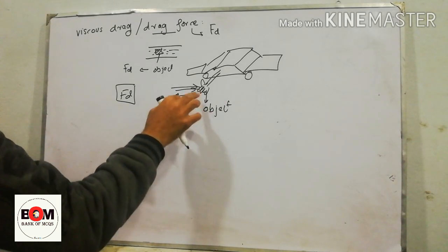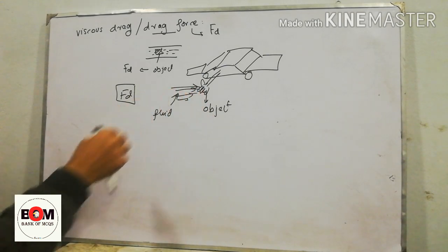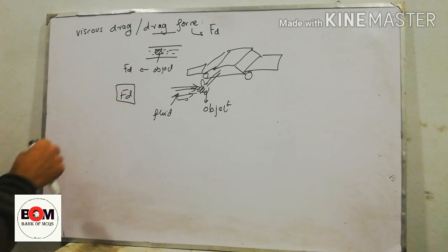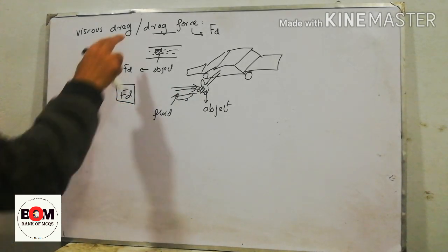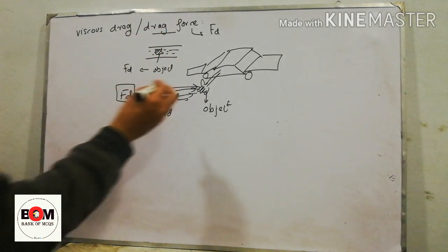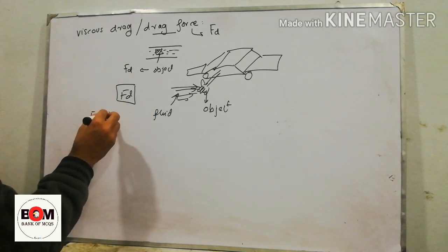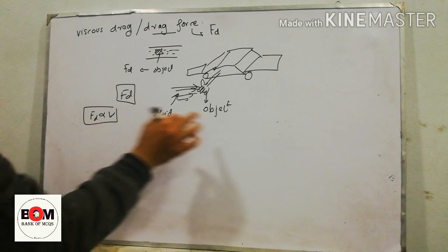So the hand moving in a flow of air faces a force called viscous drag or drag force, represented by Fd, and that force is directly proportional to the speed of the object.